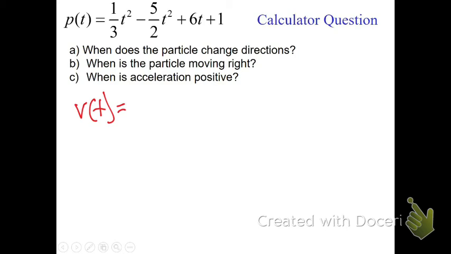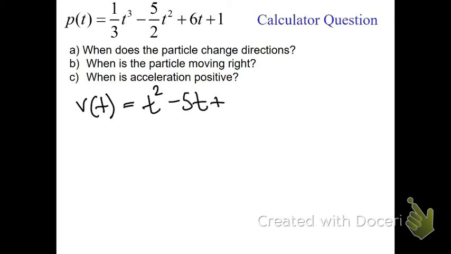Oop, that's a typo. Also, I meant for this to have a 3 right there. So again, if this is position, all of my reasoning has to do with velocity. So first we're going to find the velocity equation by doing the derivative. So power rule, we get t squared minus 5t plus 6.